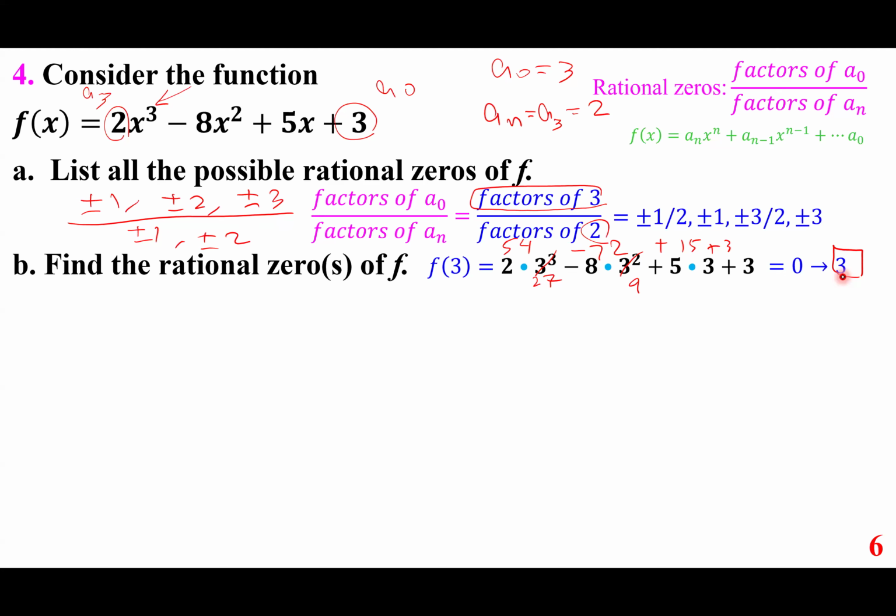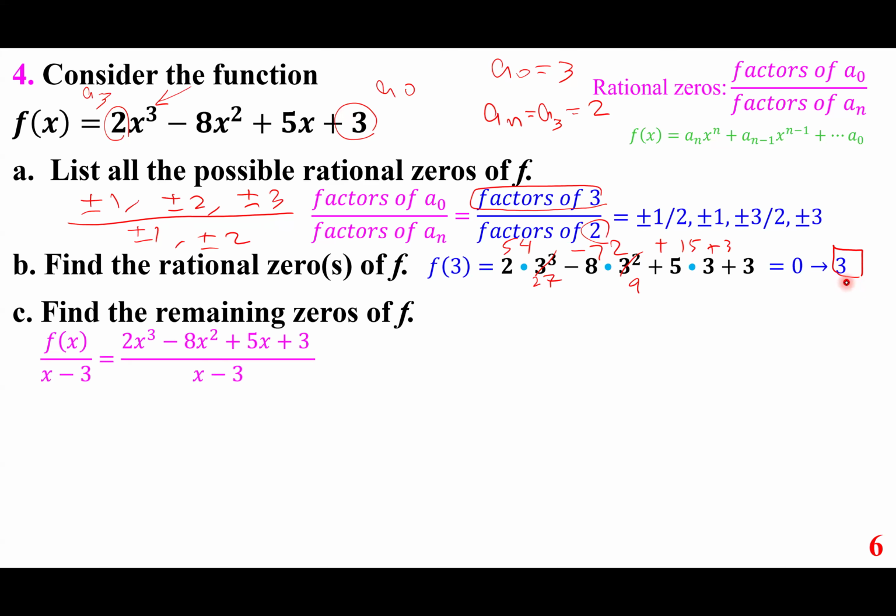So to do so, we are going to divide the function by x minus 3. Find the remaining zeros of f. The process is to divide by this and figure out what happens. On division, it's easy. We are going to use the synthetic division. We're going to go with 2, negative 8, 5, 3.